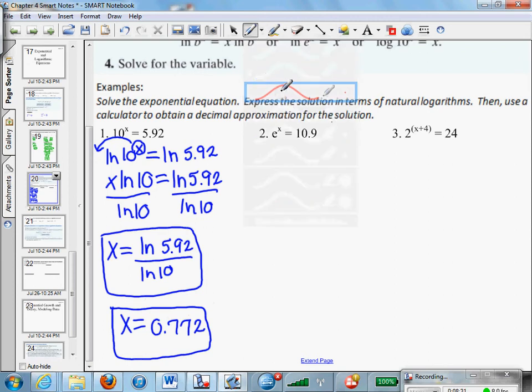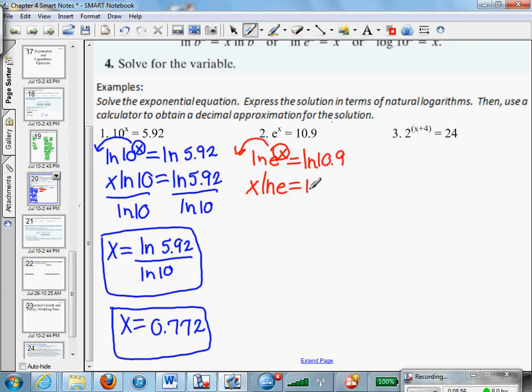Okay, with number 2, we have e to the power of x equals 10.9. So let's go ahead and use the same procedure of using the ln function on both sides. And then we note that our exponent power or variable will come out on the outside. So we have x ln e equals ln 10.9.